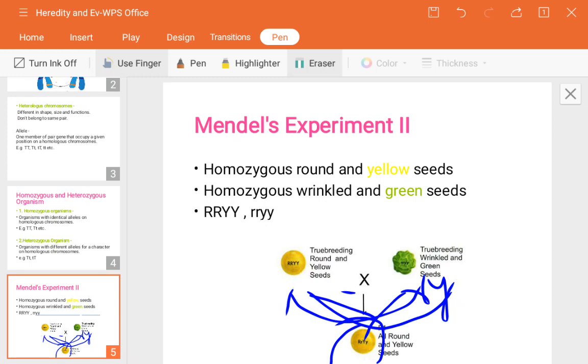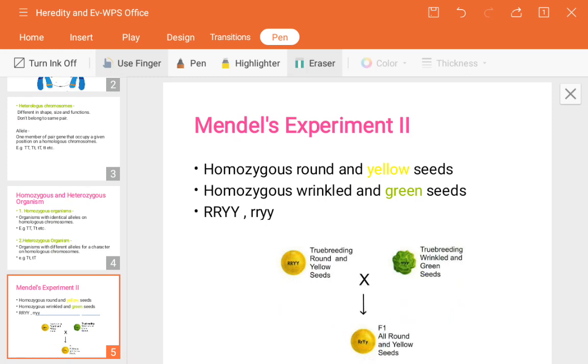The result is that all the seeds were round and yellow because they were dominant. See guys, the seed came out yellow and round because capital R and capital Y were the dominant characters. We know that in the first filial generation we saw the tallness of a plant suppress the recessive character, the dwarf plant.